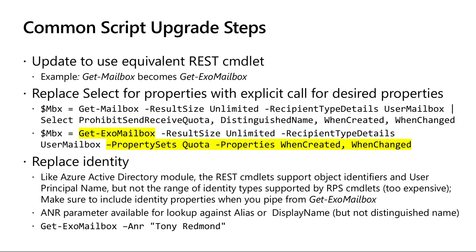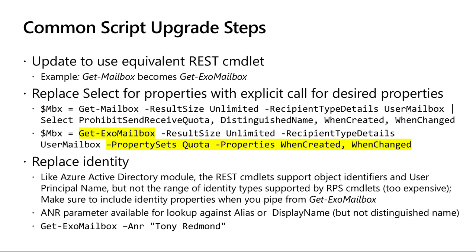Well, in the new world, you're not going to use select. Instead, you're going to feed Exchange right up front and tell it what you want. There's this concept of property sets that are defined to say these are common sets of properties that you may want to have returned, and then you can go after individual properties as you need. So that's a review step that you're going to have to go through.